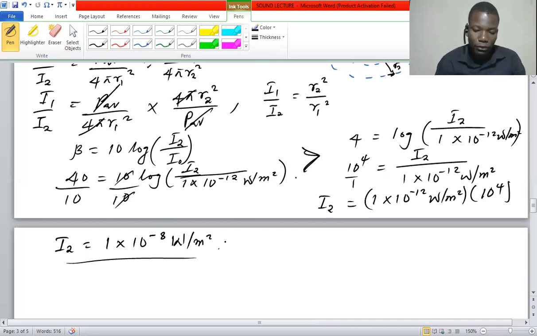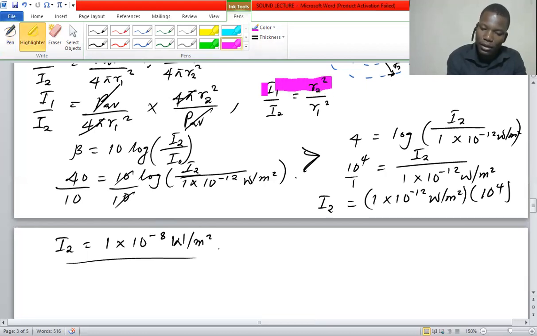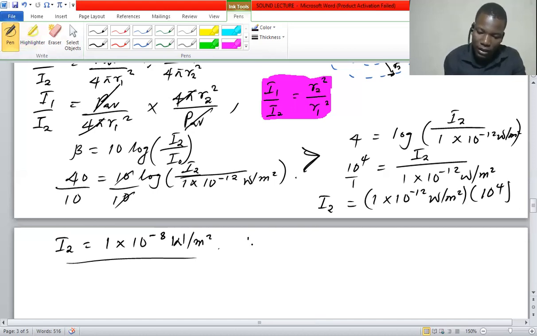Okay, so now we can use this ratio to find the radius, since we have 3 known factors now. Okay, so we have intensity 1 over intensity 2 being equal to R2 squared over R1 squared.